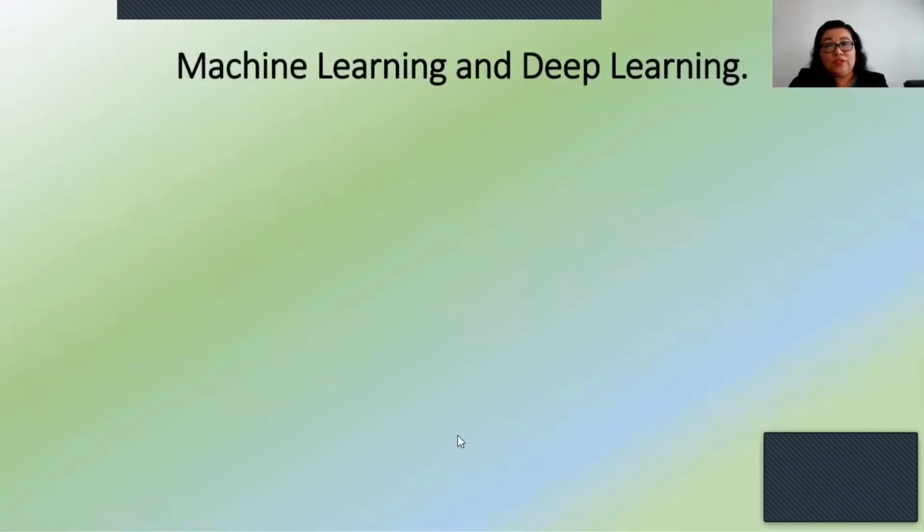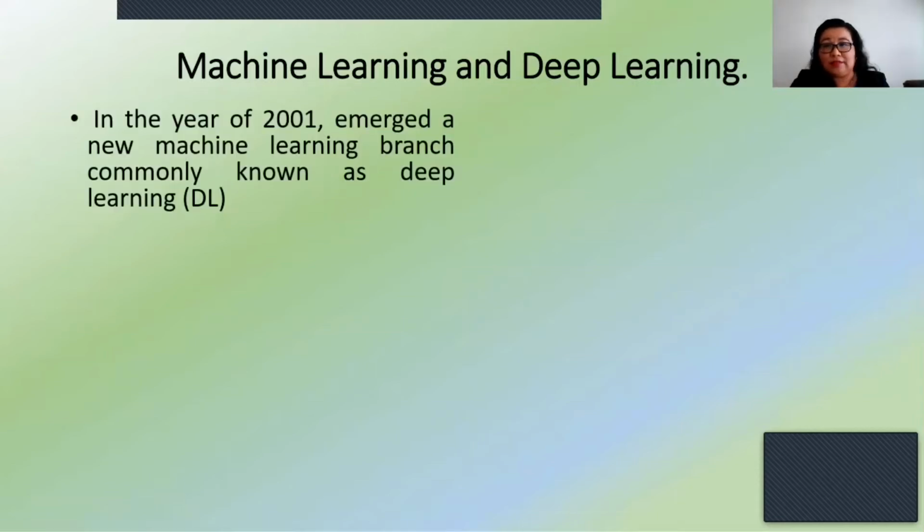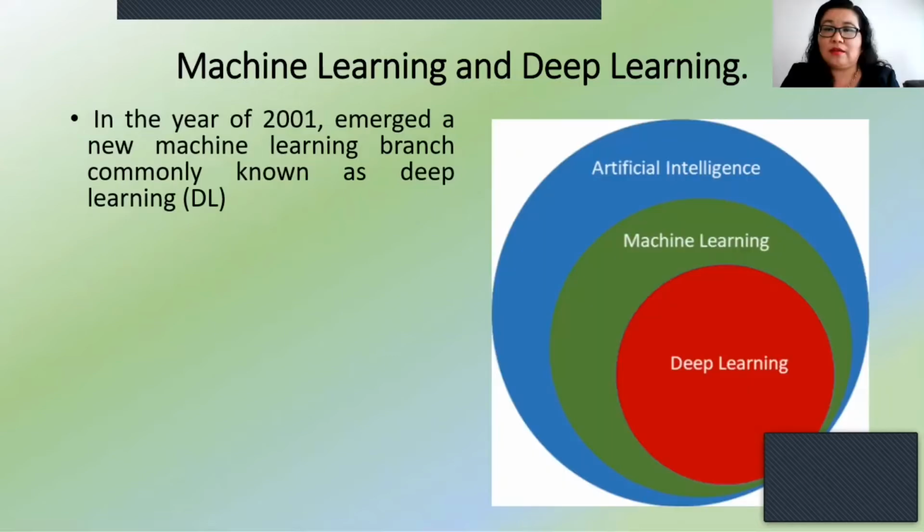In the year 2001, a new machine learning branch emerged, which has gained much attention due to its ability and flexibility for learning complex patterns. Machine learning's popularity and the development of more advanced computational capabilities allowed the arrival of this innovative technology.